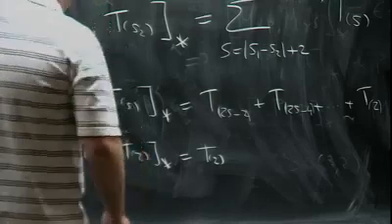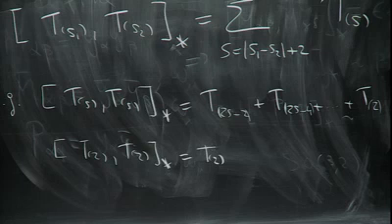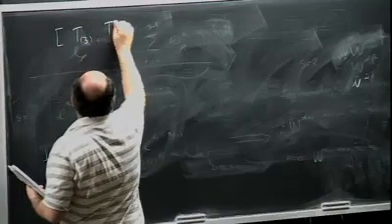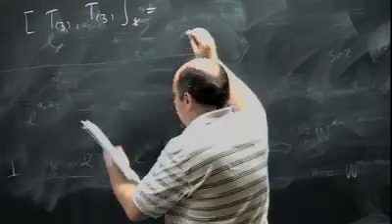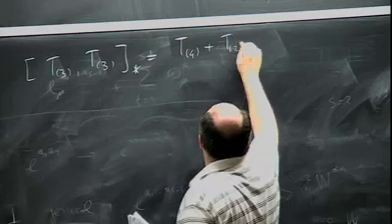But if you take, for example, spin 3 and spin 3, according to that rule, you get spin 4 and spin 2.